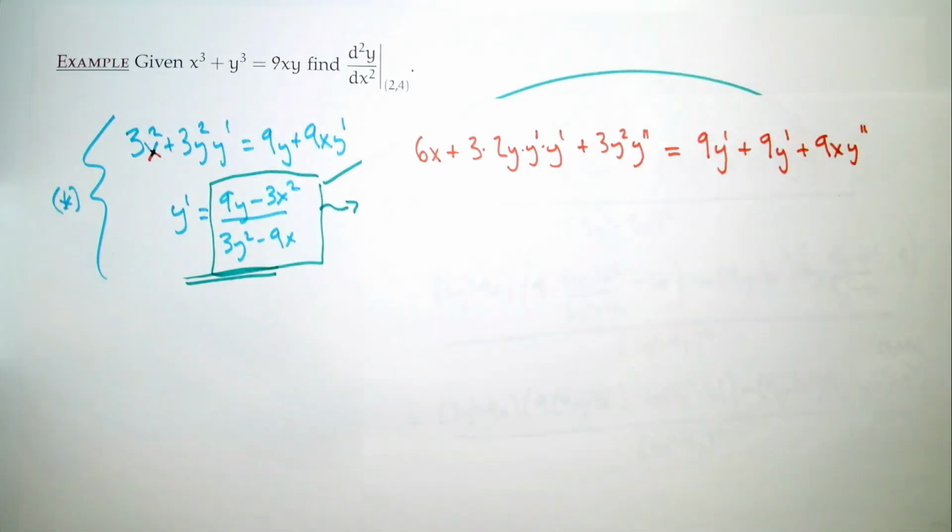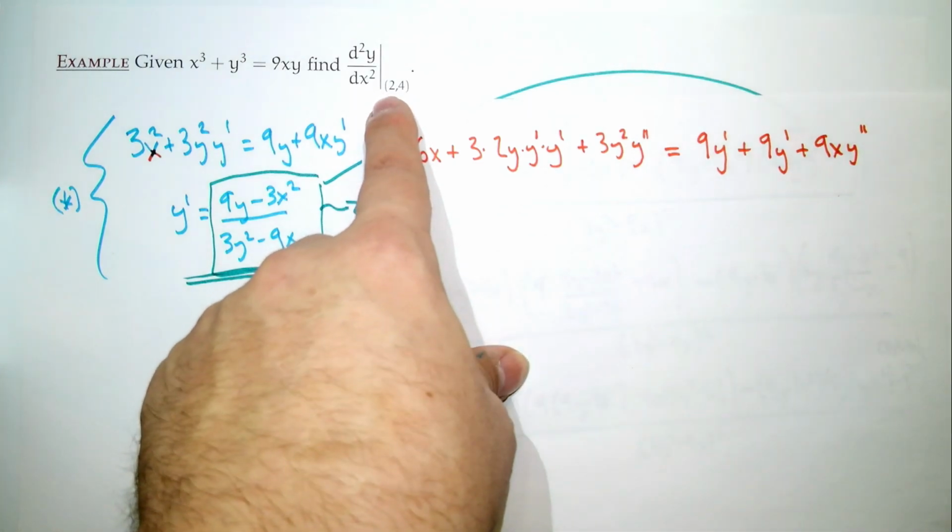Now, we could solve for y double prime here, but we're not going to, because what are we ultimately going to do? We're going to evaluate at 2, 4.